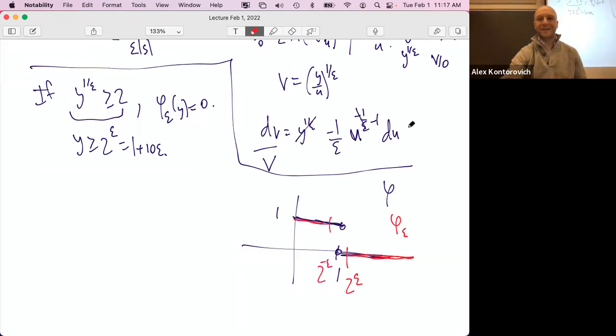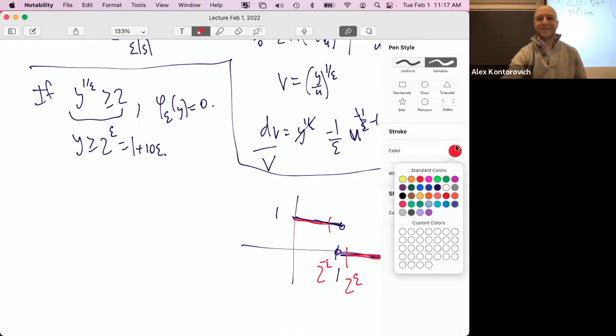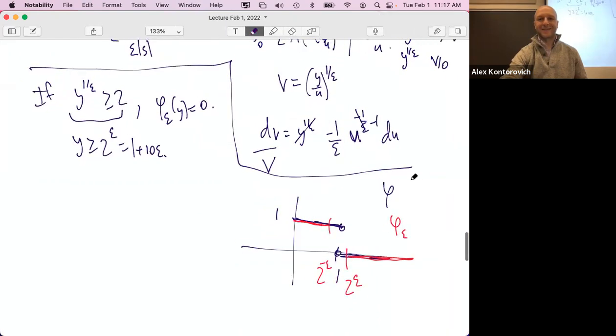So why is that? Why do we have this red part of the picture?